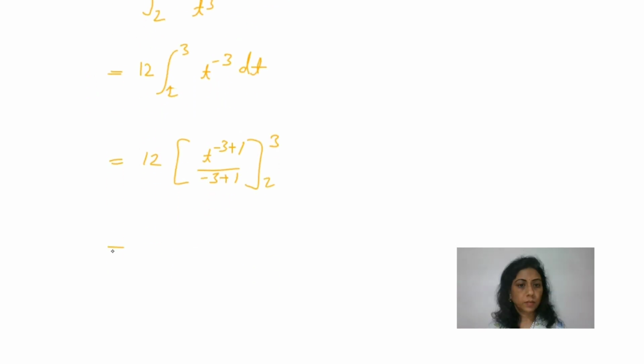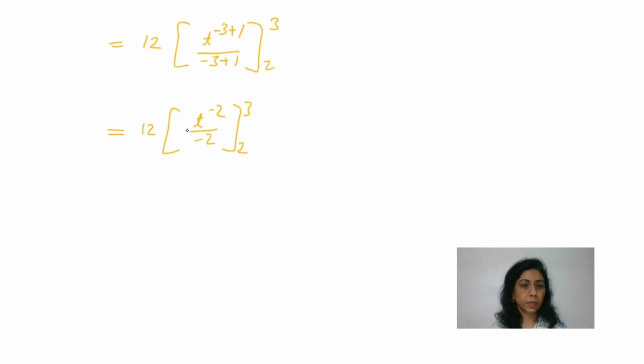So 12 t to the power minus 2 divided by minus 2, limits 2 to 3. 12 divided by minus 2 is minus 6, and t to the power minus 2 we can write 1 upon t square, in positive power, and limits 2 to 3.